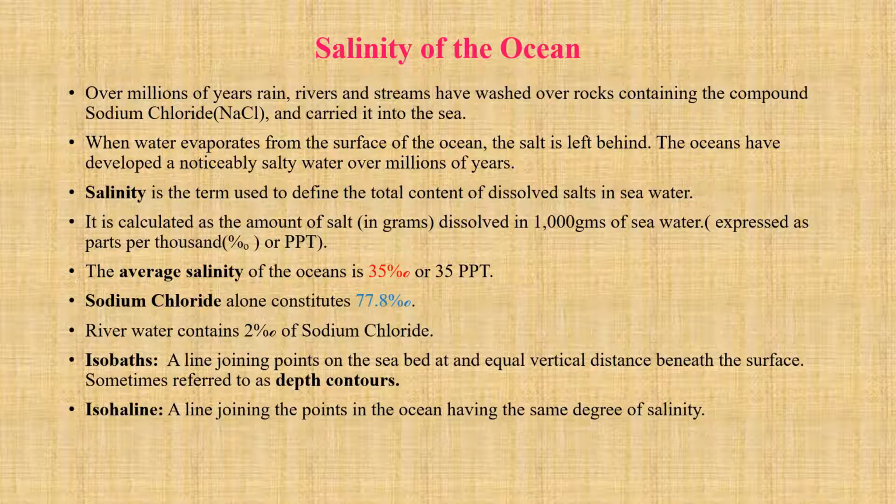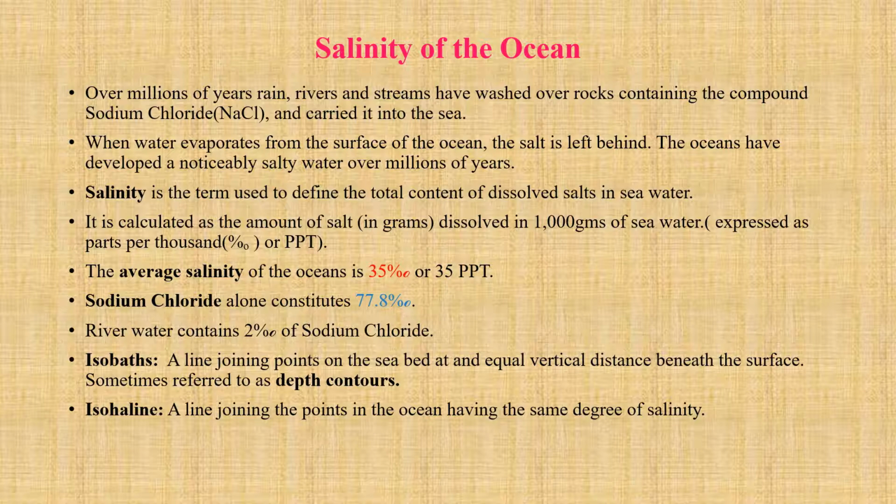In the same way, isobaths are depth lines drawn on the surface of the ocean floor. Next, isohaline is a line which joins the points in the oceans having the same degree of salinity. It means that there are places in the ocean water which have the same degree of salinity. If we draw a line connecting these places, it is called isohaline.